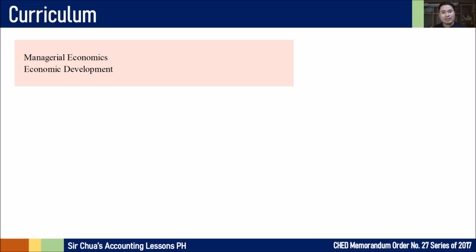In I think grade 9, if I'm not mistaken, grade 9 nyo yata yung economics. Hindi ko lang sure. But as you know, you already have also economics during your junior high school. Okay? And since you already have applied economics during senior high school, your economics in BS Accountancy are the higher level ones, which is managerial economics and economic development.